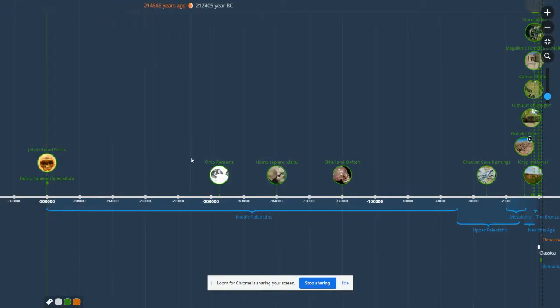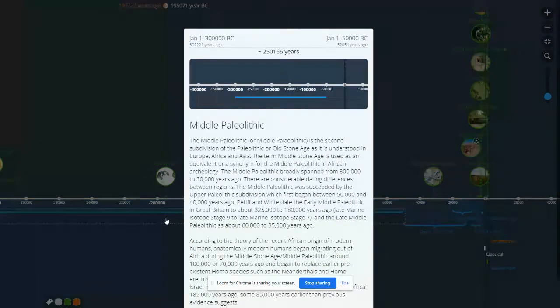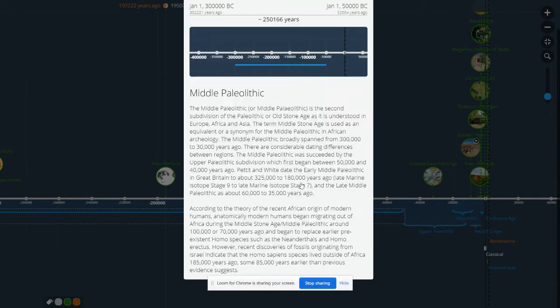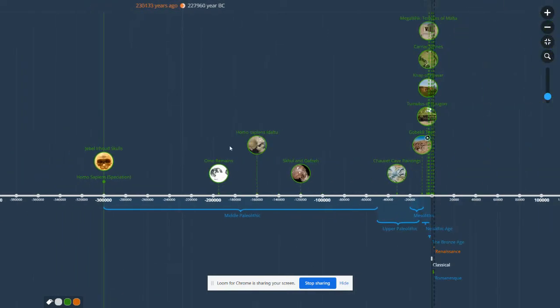And since then, we're in the middle Paleolithic era, and you can think of that as the Stone Age, kind of a relative of that. And we weren't really farming during this time, and we don't really find evidence of structures.